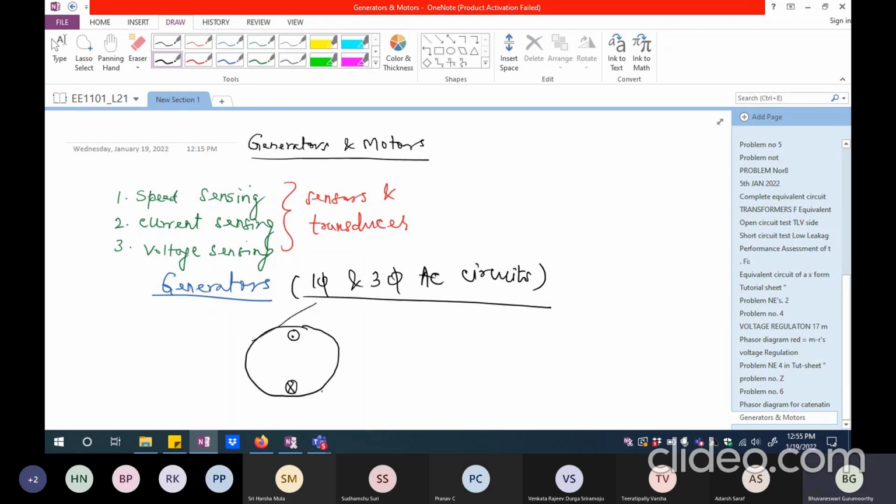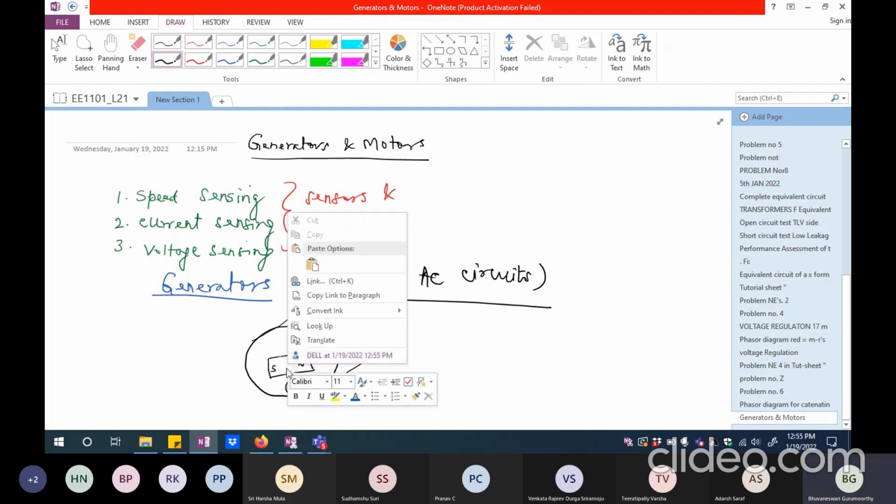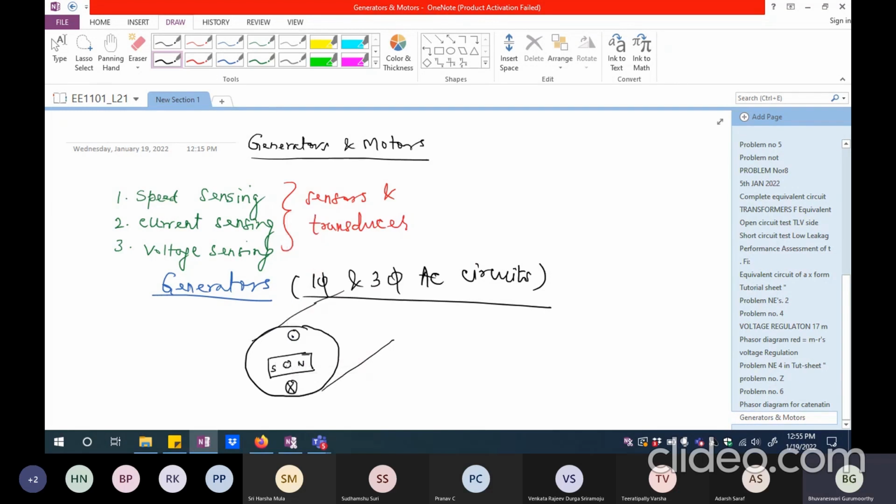I'm just showing only one conductor on the positive side and one conductor on the negative side. And I'm going to have a magnet, somewhat like this, with this as North Pole and this as South Pole, and I'm going to have this in the center, which is actually connected to a shaft. So this is actually going as the shaft.